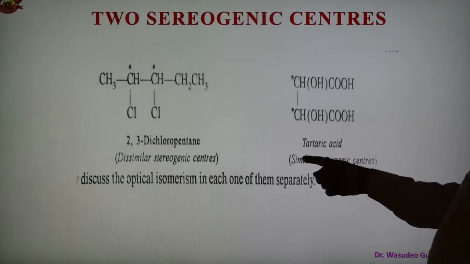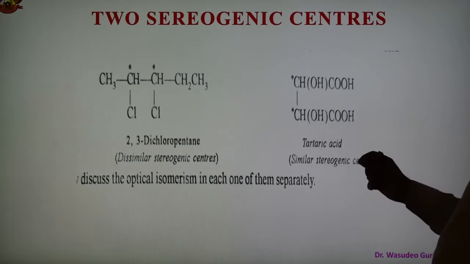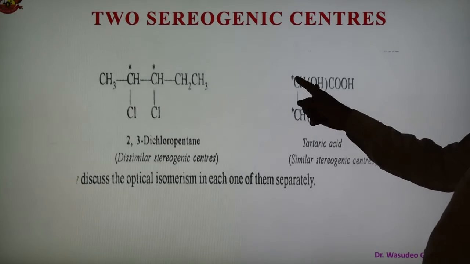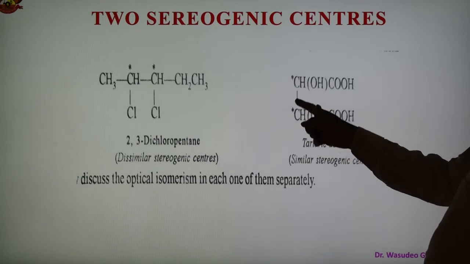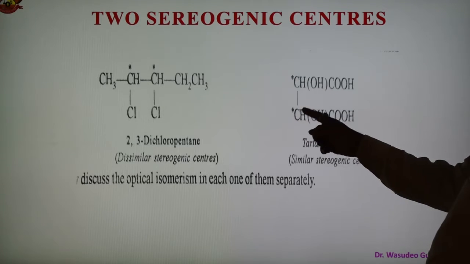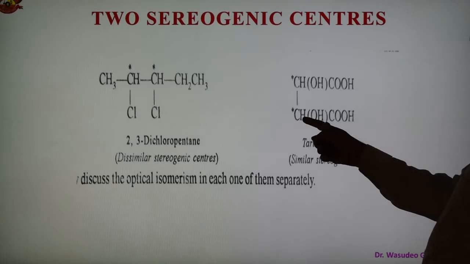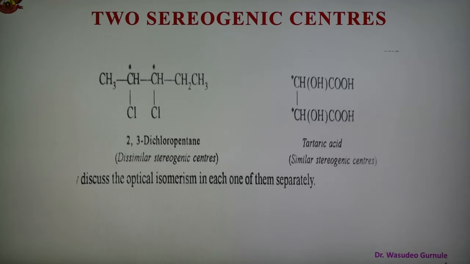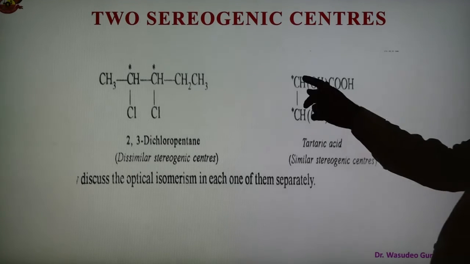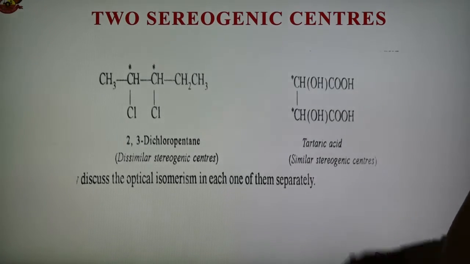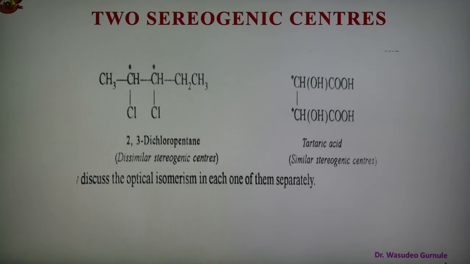But in the case of tartaric acid, two stereogenic centers are there, two asymmetric carbons, and this carbon has OH and COOH groups, and this also contains OH and COOH groups. So similar groups or atoms are present on both carbons, therefore these two stereogenic centers are similar.